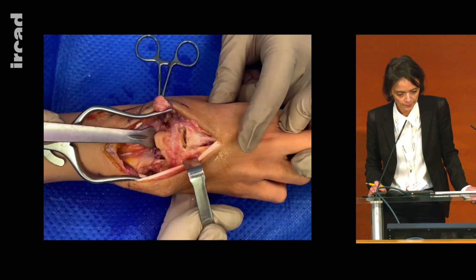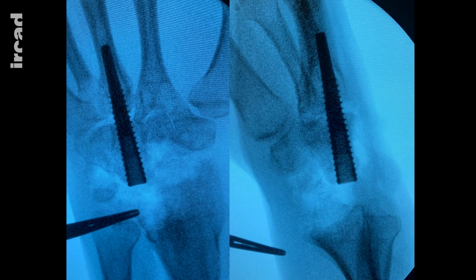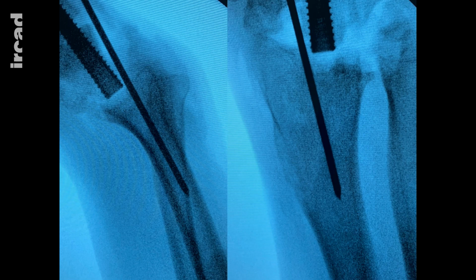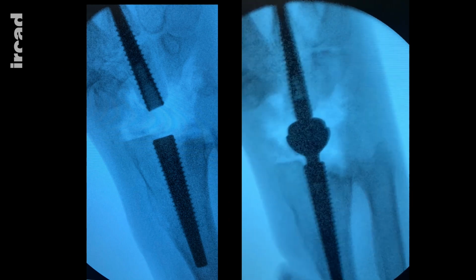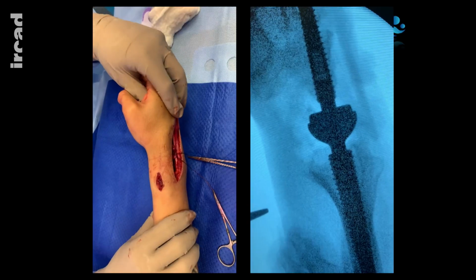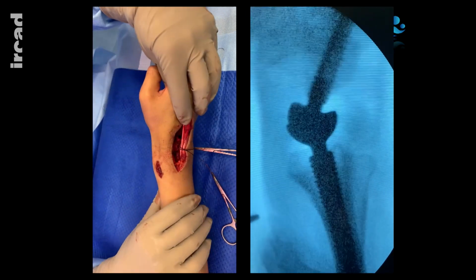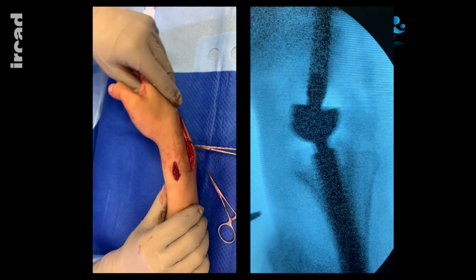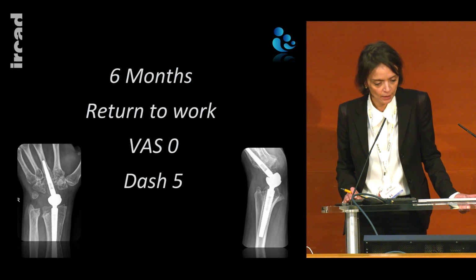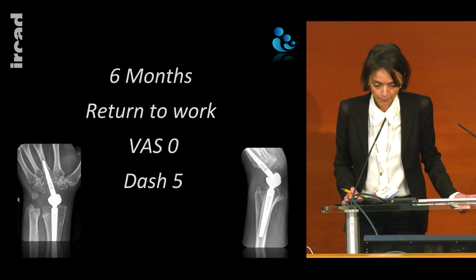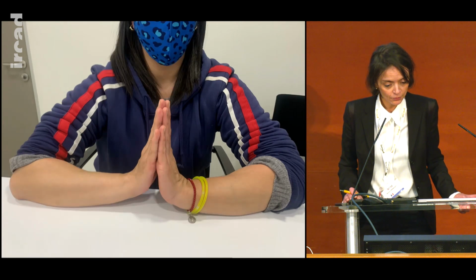Here is the introduction of the implants, distal implant and proximal implant here. We can see a common arthroplasty. The intraoperative range of motion with fluoroscopy view, and finally 6 months later the outcome is quite good for the pain, for the DASH, and here is the last clinical assessment for this patient.